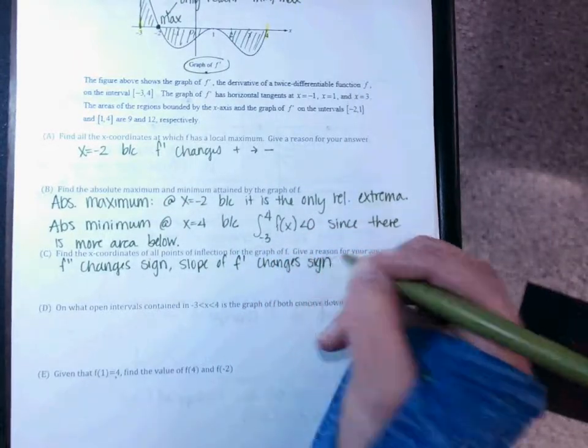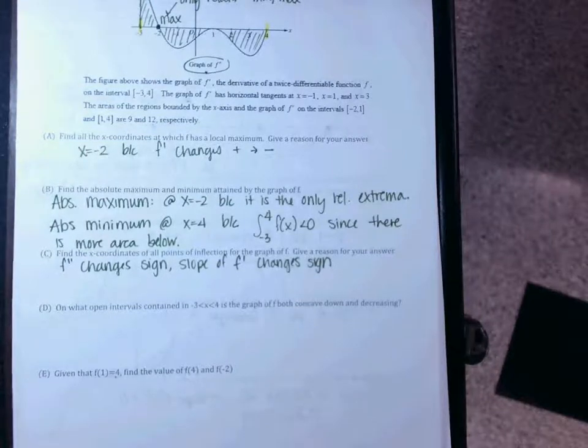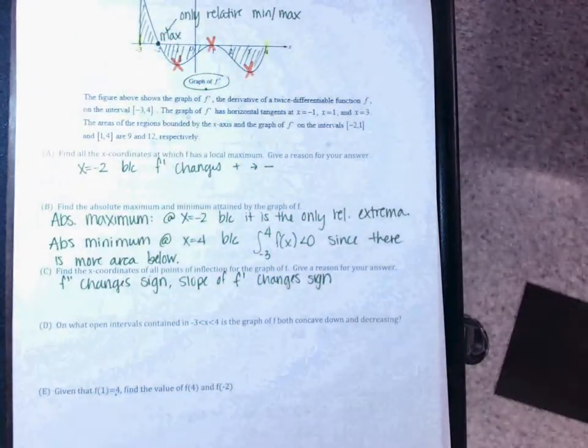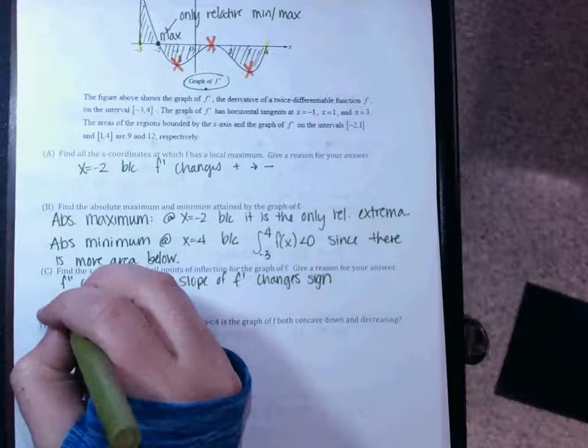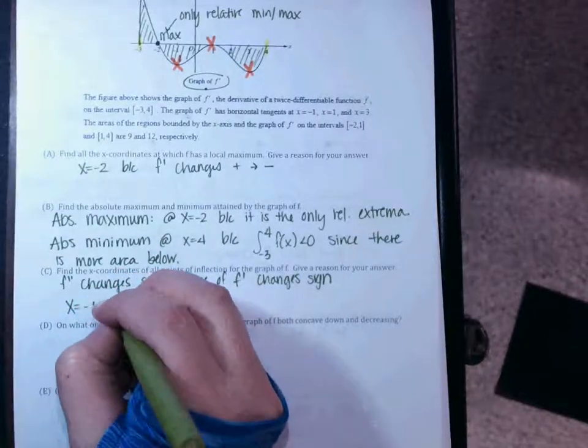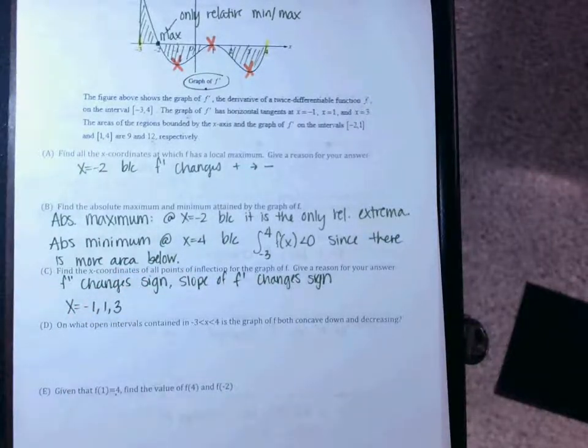So anywhere that the slope of that graph changes sign, you should put an x. How many are you finding? 3. You should have one here, and one here. So it'd be x equals -1, 1, and 3. For the test, you would just list the points. That would be totally fine.